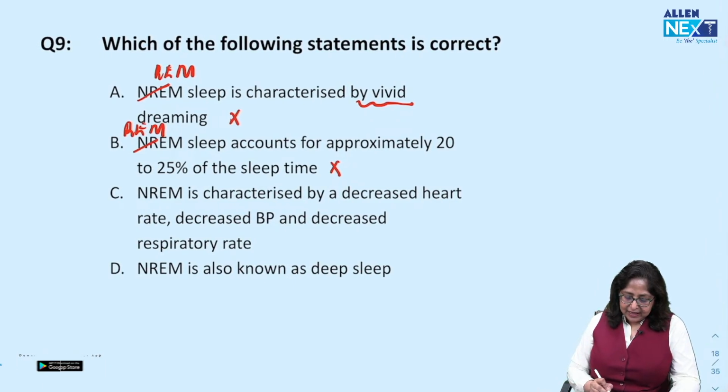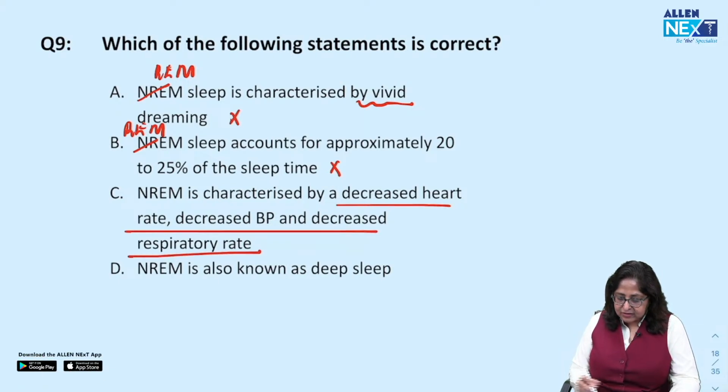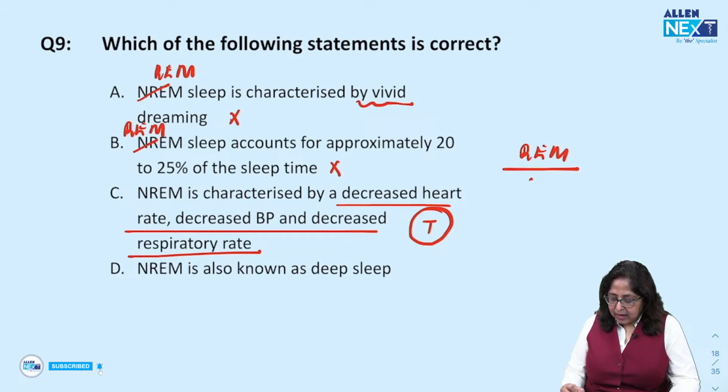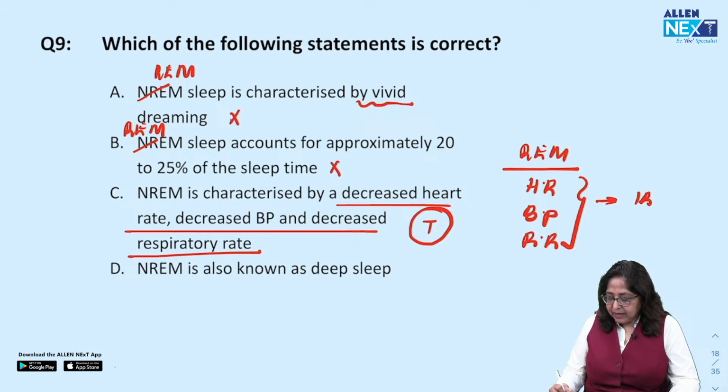So NREM is characterized by a decreased heart rate, decreased blood pressure, decreased respiratory rate. This is a true statement, right? In REM sleep, the heart rate, blood pressure, and respiratory rate become irregular.